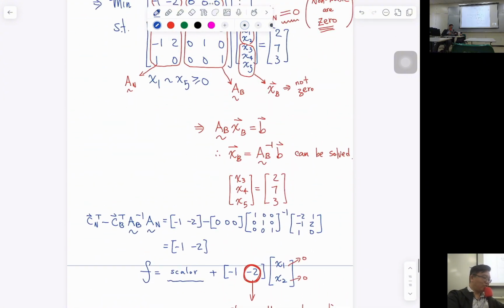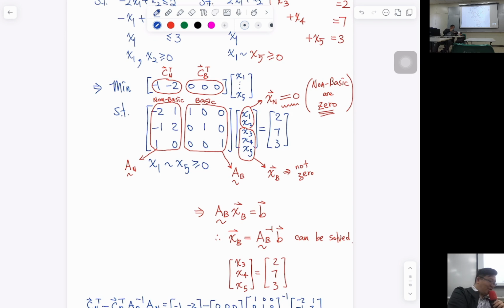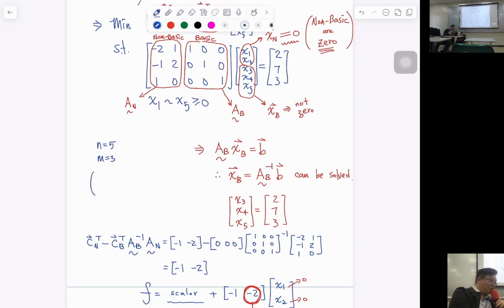So like over here, we have n equals 5, m equals 3. So what are the possible combinations? Pick 3 out of 5. So 5 times 4 times 3, divided by 1, 2, 3. So at the end, there are actually 10 possible combinations. But later on, in this particular case, you will realize we don't need to try all 10 combinations.